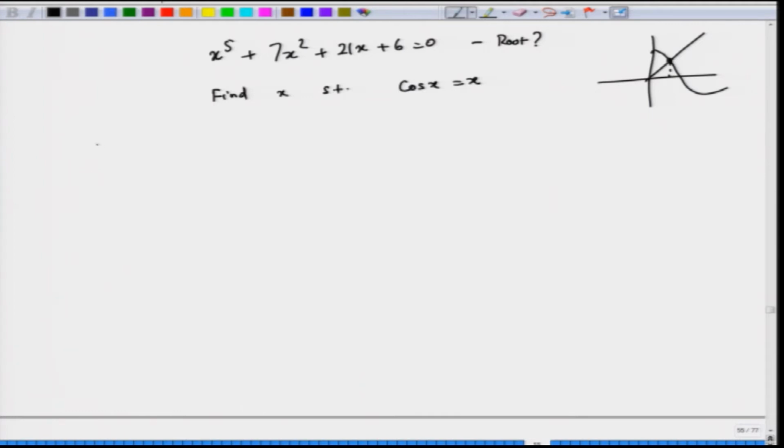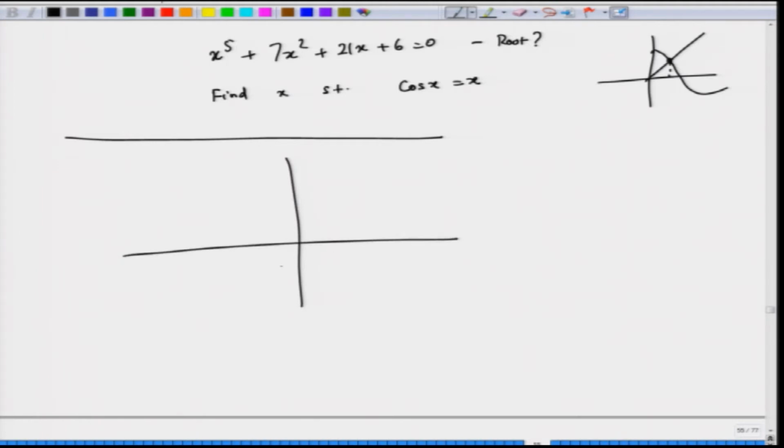Okay, so now what is Newton's method? Let us see that this is a function, and we are interested in finding this root r. Now, what we do is choose some x 1, then this point is x 1, f of x 1.